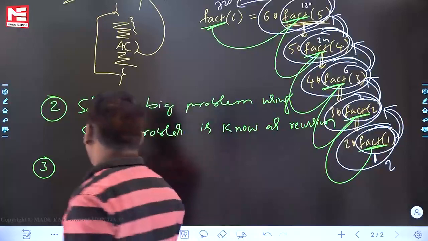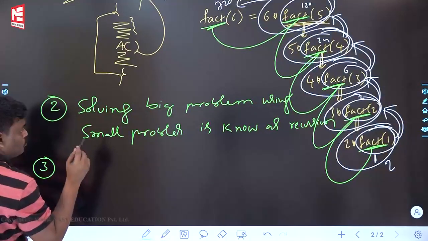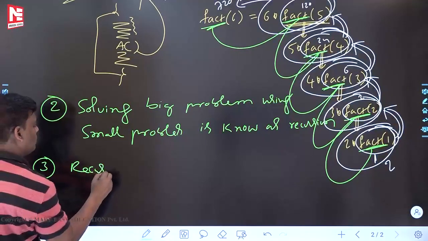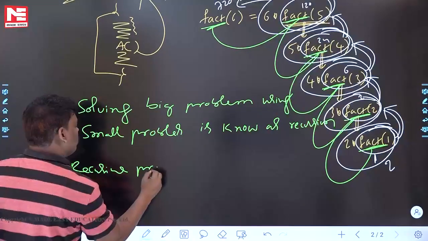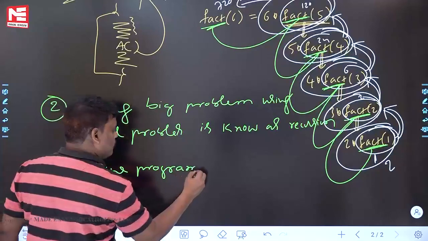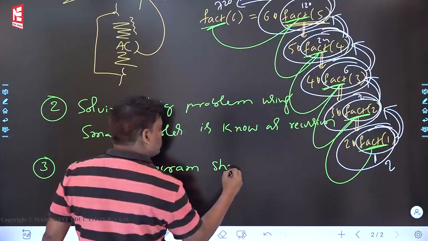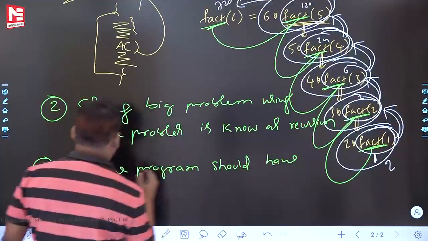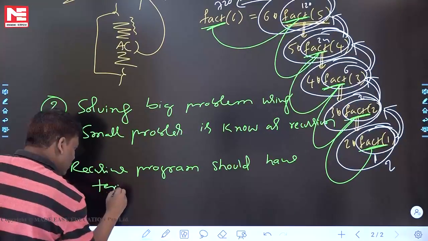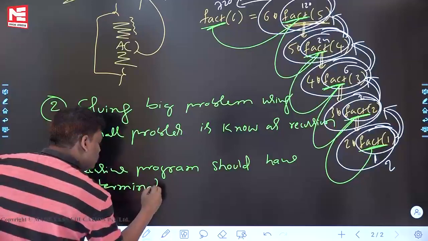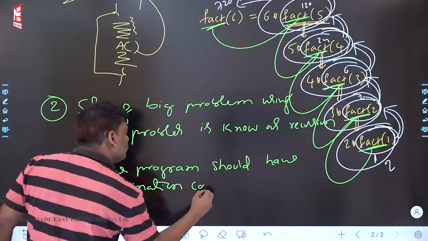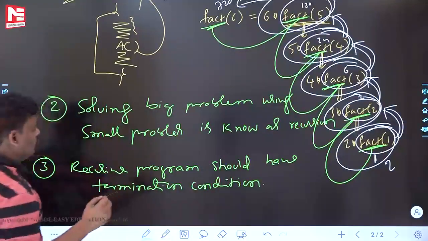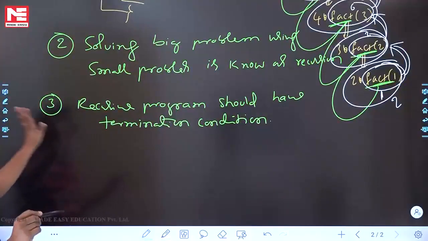Let me write the third point. What is the answer? Every recursive program should have a termination condition.